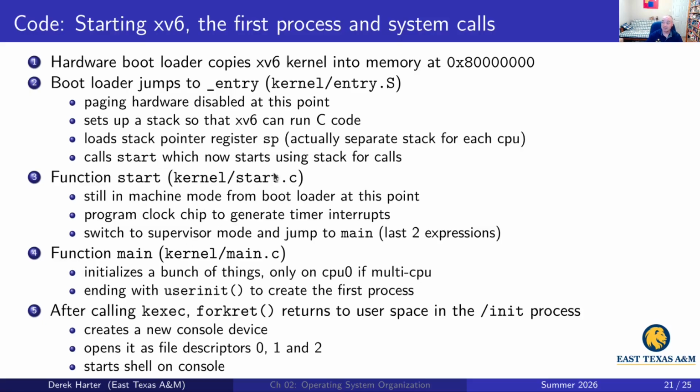So all the stuff happening in start.c is really doing stuff that needs to be done in machine mode before we can get into switching between user and supervisor mode for the rest of the time in the hardware. Then a setup in order to correctly switch into supervisor mode for the first time.